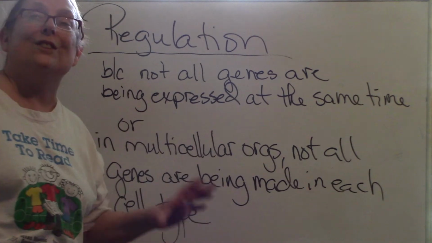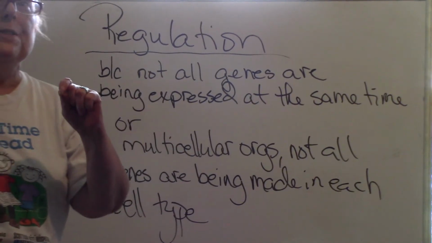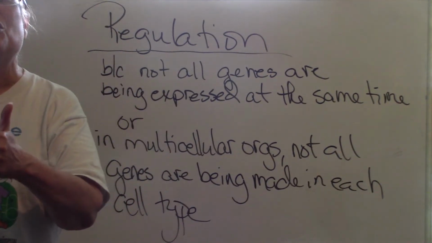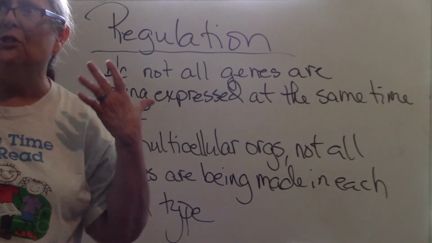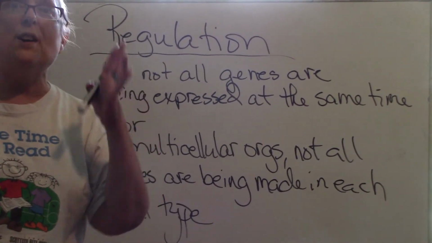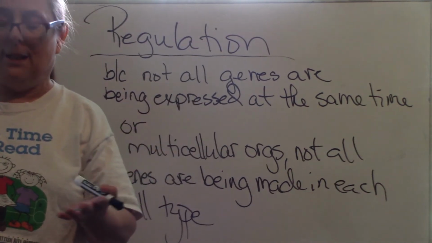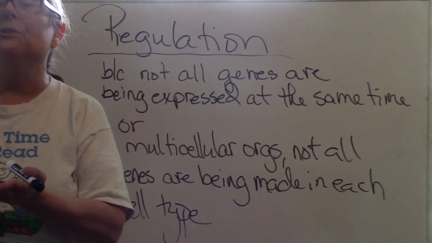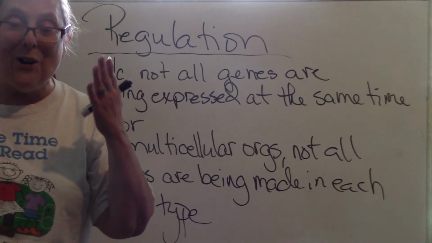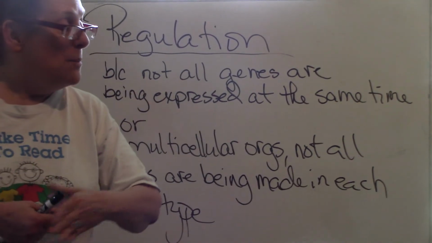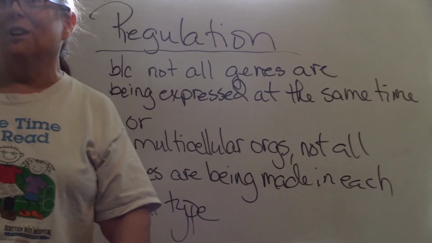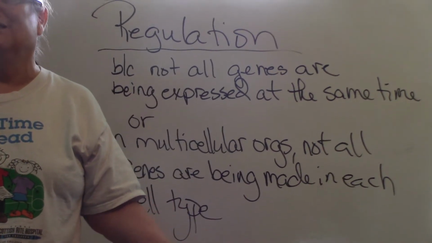So yes, isn't this amazing that even though every cell that you have, whether it's a skin cell, a muscle cell, or a brain cell, has the very same recipes in it, inside the nucleus, that not all of those are being made so that those cells are different. This is amazing. It is.